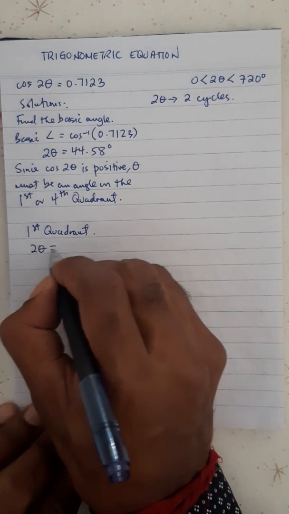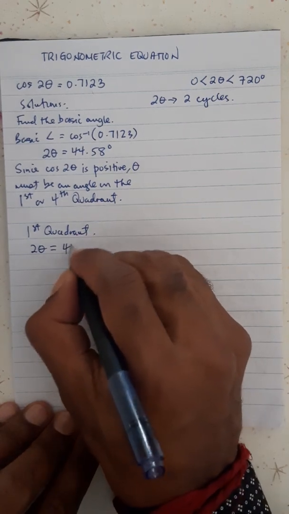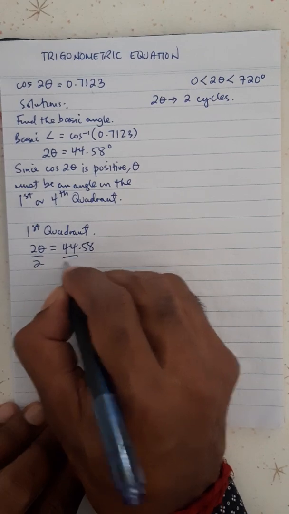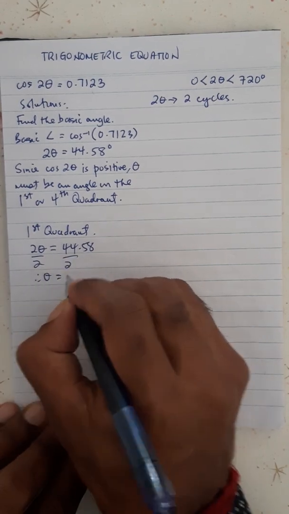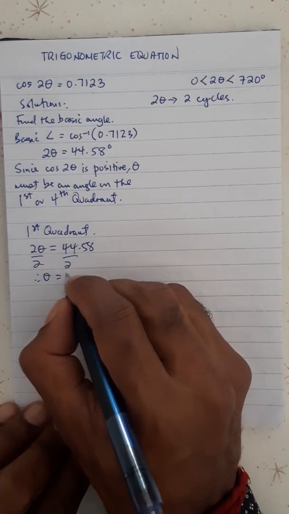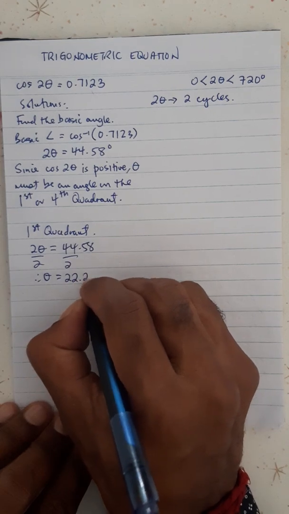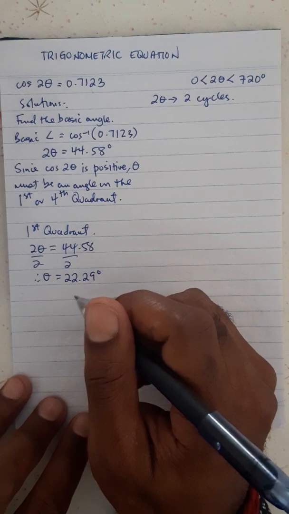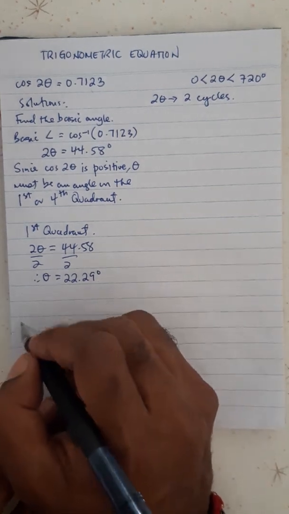In the first quadrant, 2 theta is equal to 44.58. Divide by 2 on both sides. Therefore, theta is equal to 22.29 degrees, and that's the first quadrant in the first cycle.